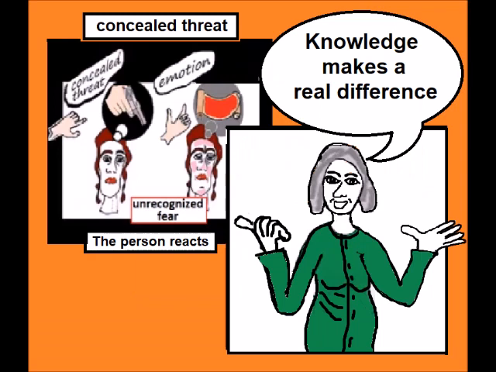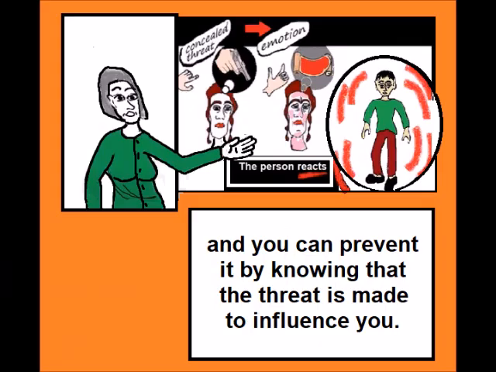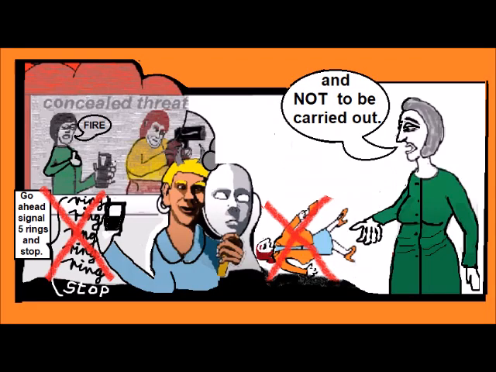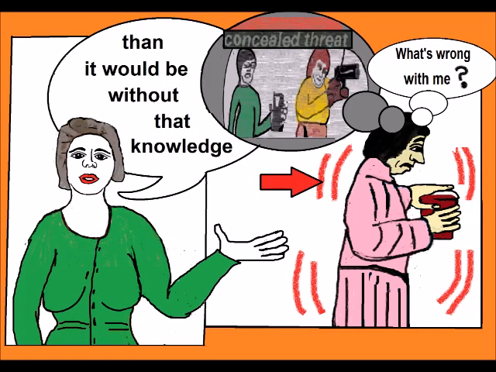Knowledge makes a real difference, because you can also prevent the strong reaction due to that threat, and you can prevent it by knowing that the threat is made to influence you and not to be carried out. So your reaction will be much less than it would be without that knowledge.